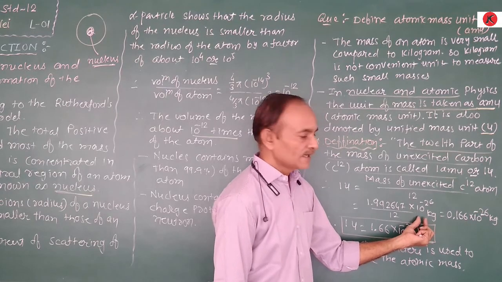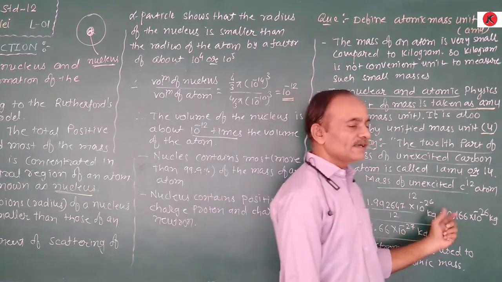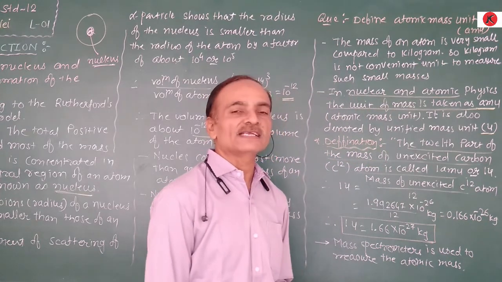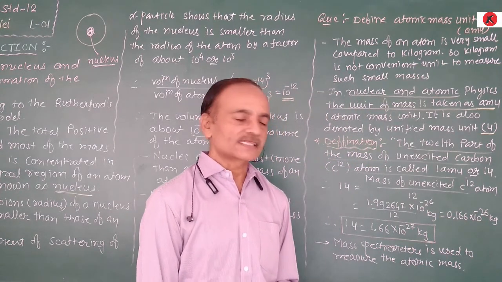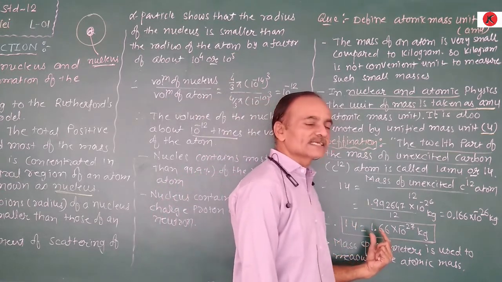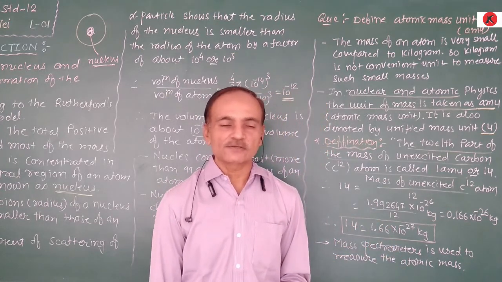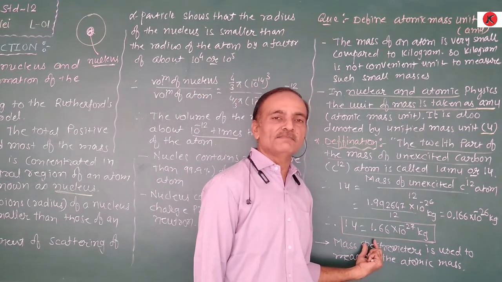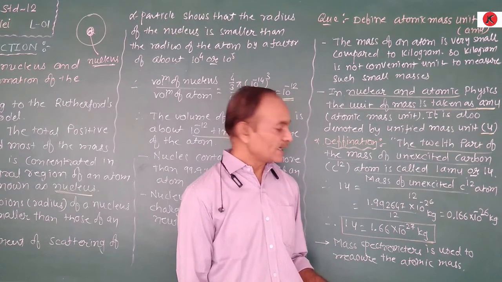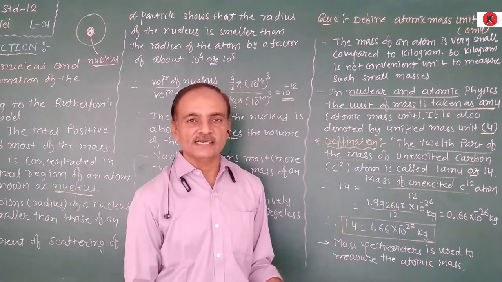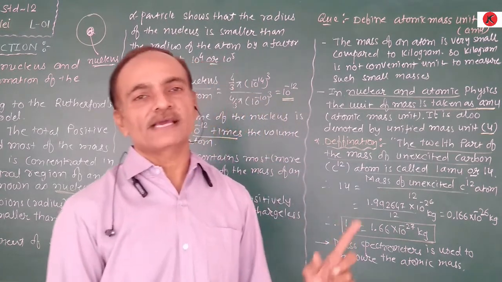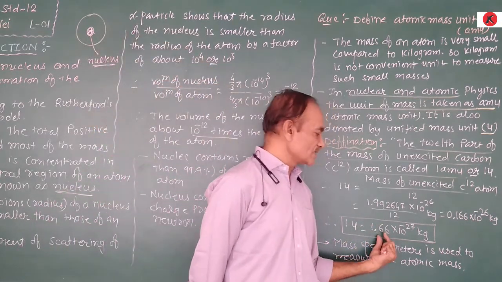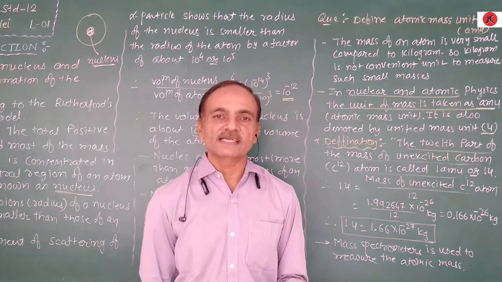As we simplify, we obtain 0.166 into 10 raised to minus 26 kg. Therefore, one atomic mass unit is equal to 1.66 into 10 raised to minus 27 kg. That is the relation between the atomic mass unit and the kilogram. Keep in mind this relation, we frequently use it in numericals.